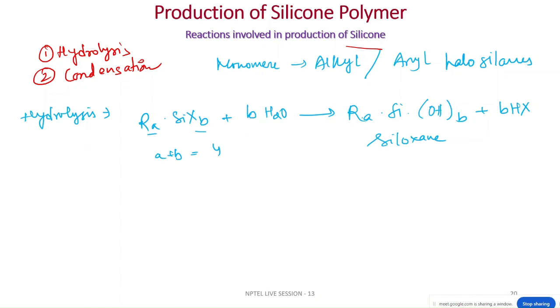And this b denotes the degree of functionality of the monomer. This siloxane is highly reactive.